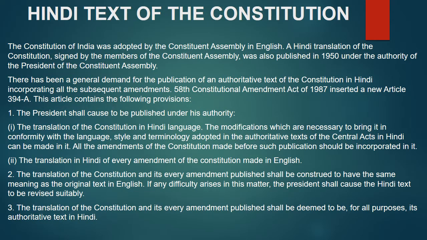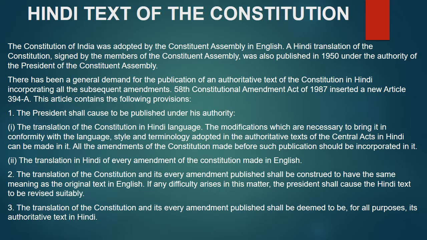Now, one more interesting topic we will discuss here is the Hindi text of the constitution. The constitution was written and adopted in English, but a Hindi version was also published in 1950 under the authority of the President of the Constituent Assembly.